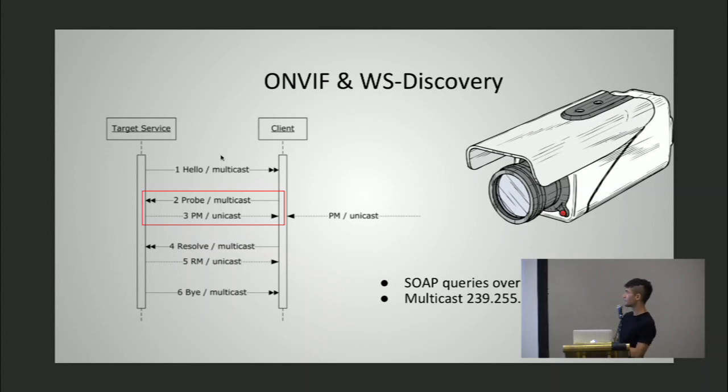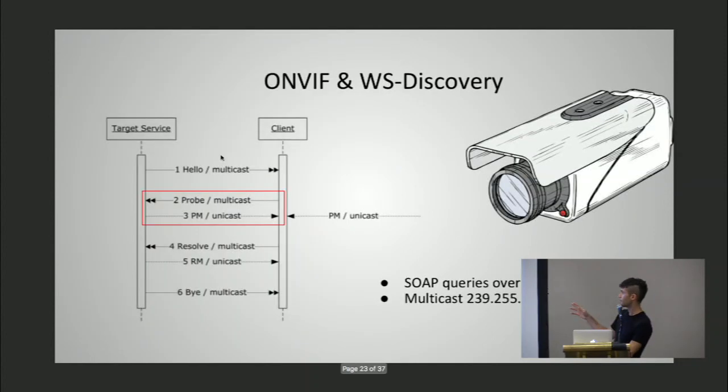And WS-Discovery then works, again, with no authentication. So you just send a multicast probe saying, here I am, here's the camera.